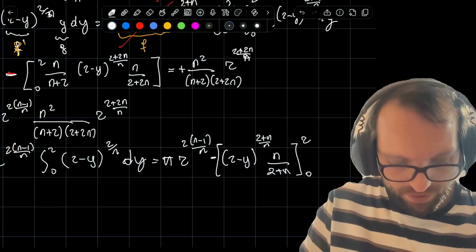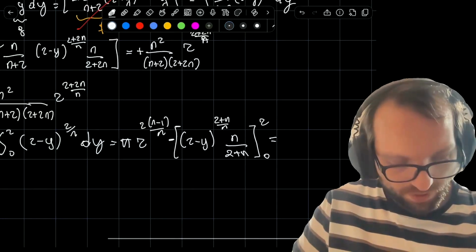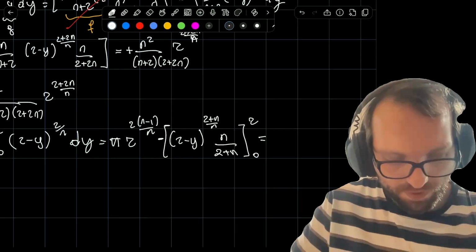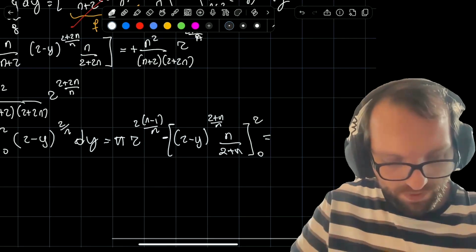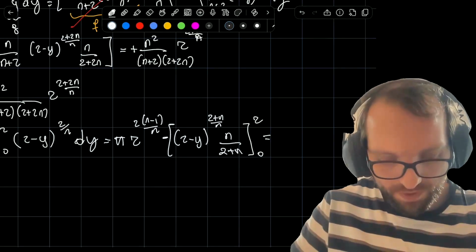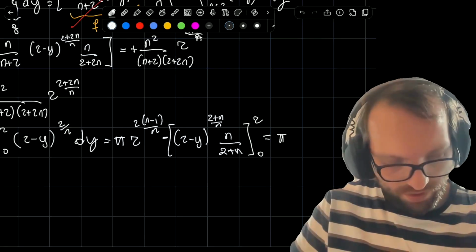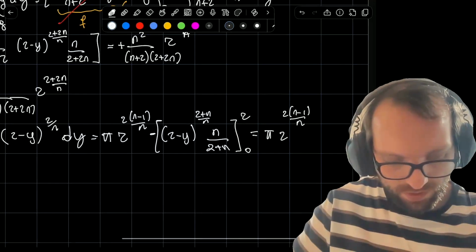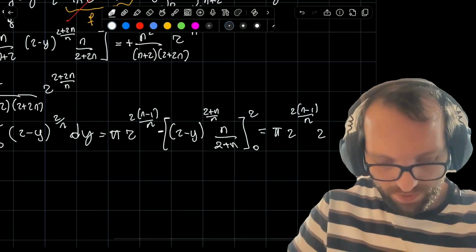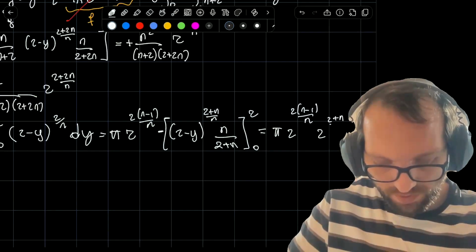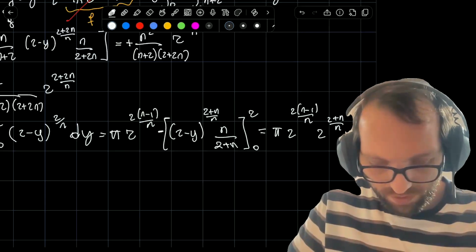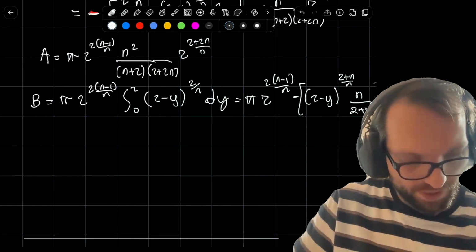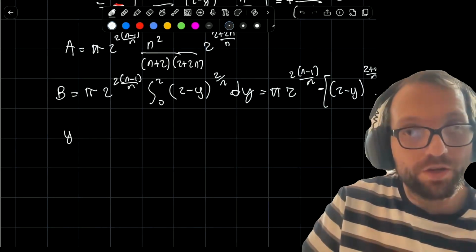We have a contribution only when y is 0, because when y is r, r minus y becomes 0. So this integral is going to be simply this value here.